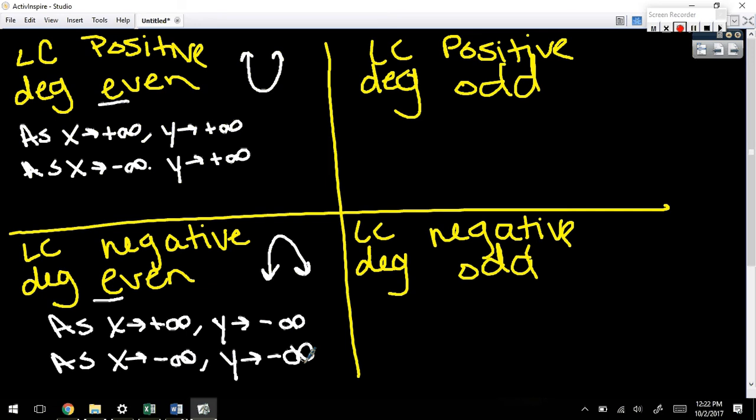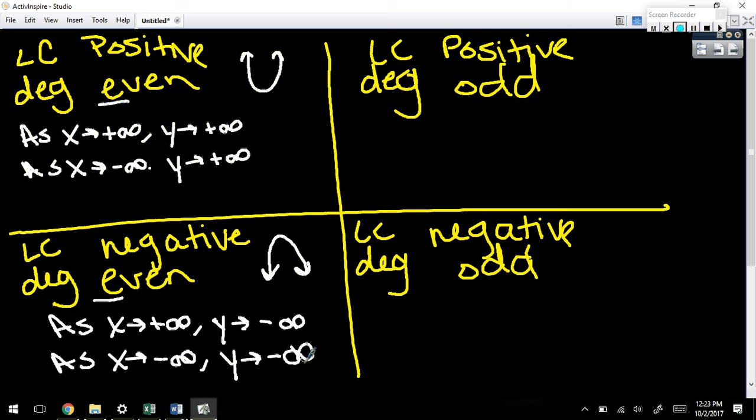All right. Let's do the last two squares here. Tell me what the easiest odd degree polynomial is that you can think of. 3. Even easier. 1. A degree of 1 is what type of polynomial? Linear. Lines are easy, right?